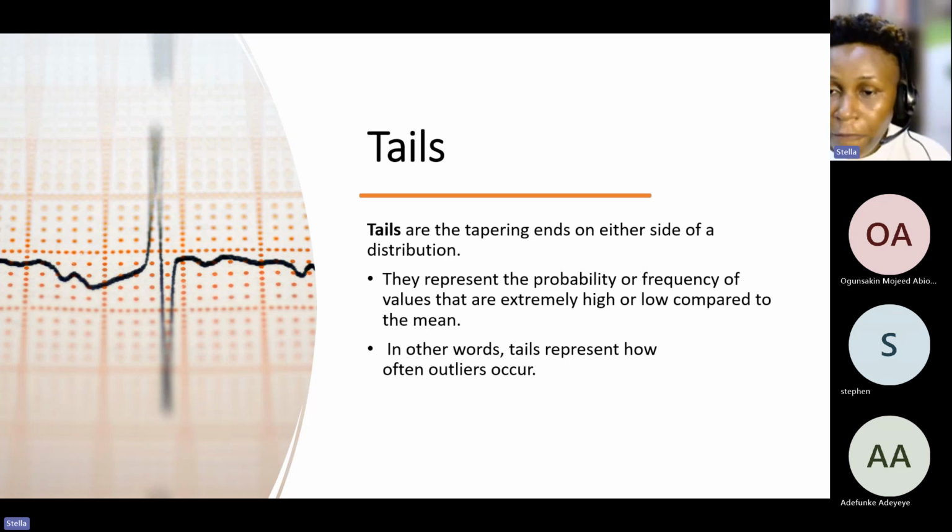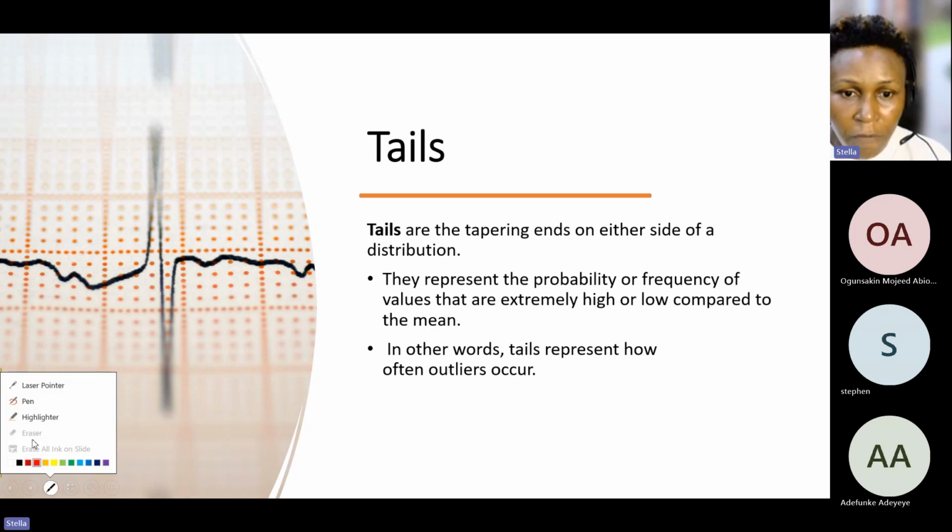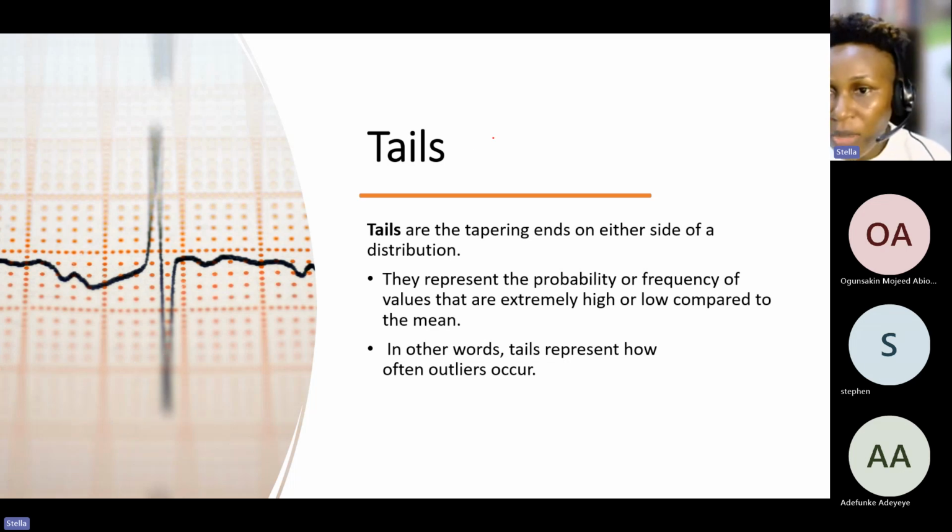Like I said, if you plot, let's say you have data points, let's say you have 5, then you have 6, then you have 4, and so on. Maybe you have lots of these numbers.